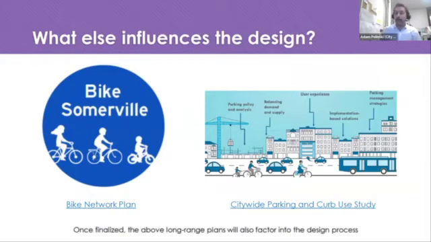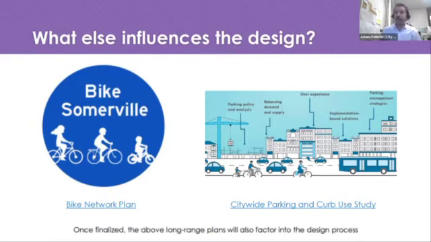We do also have a couple more long-range plans in the works right now that I'd be remiss not to mention. Those are the bike network plan and the citywide parking and curb use study. I've included links in the text here to both of those project pages as they are ongoing, and there is still an opportunity to learn more and give your feedback on those.